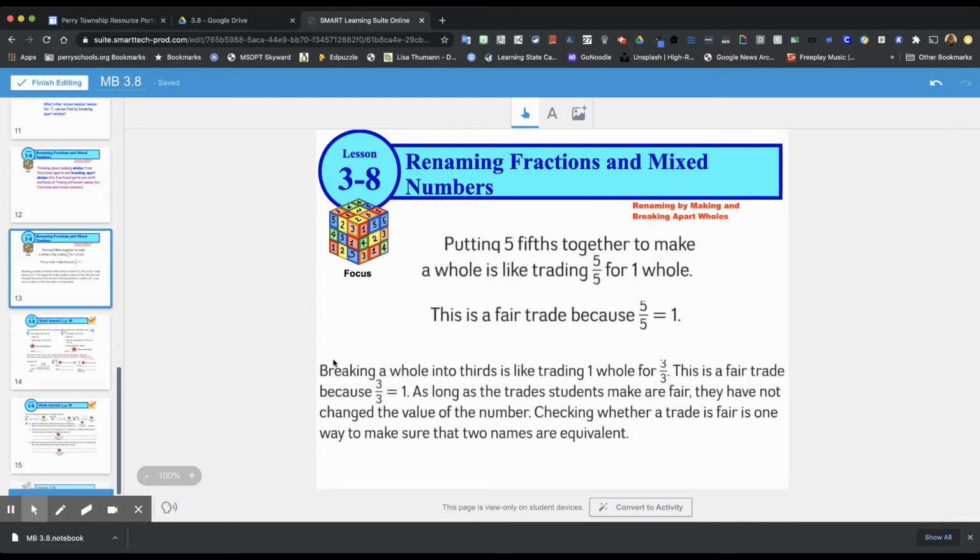So just remember that when you put the same number in the numerator over the same number for the denominator, that's going to equal 1. Okay, so if we have 6 over 6, that equals 1. 8 over 8. 24 over 24. That equals 1. So that's a fair trade.